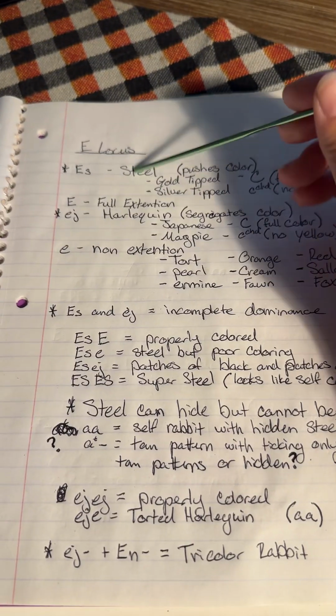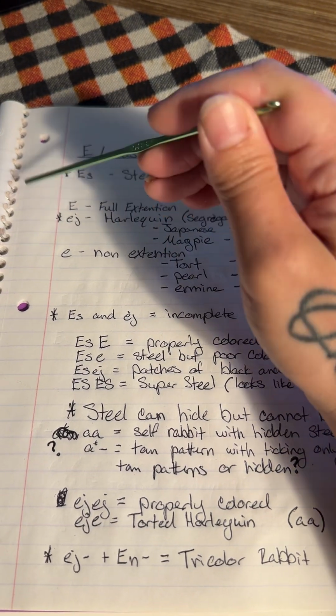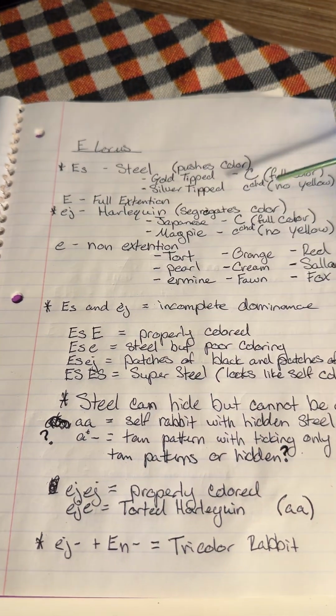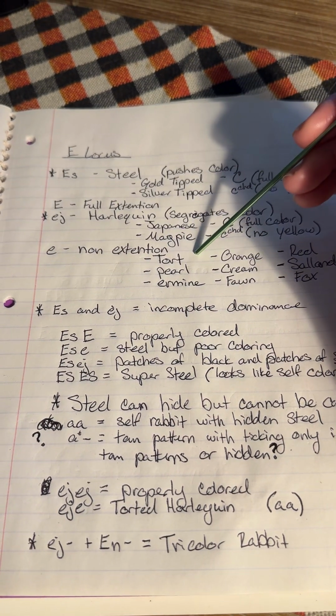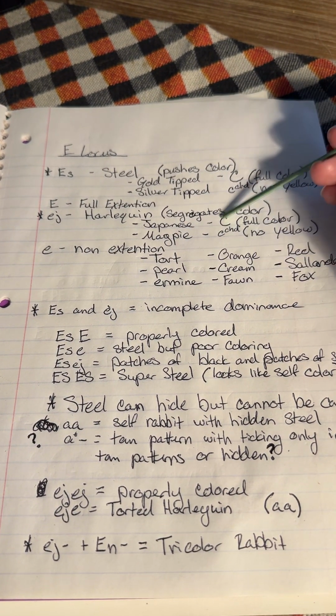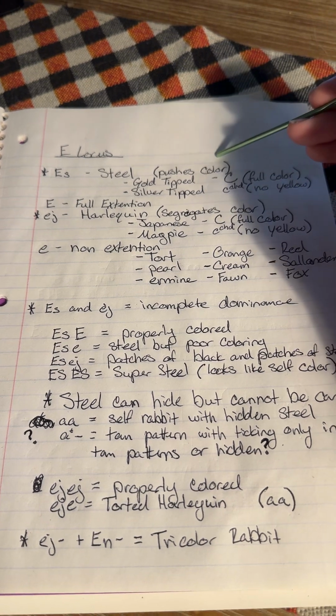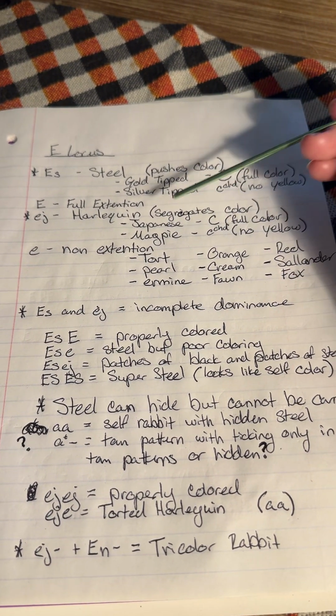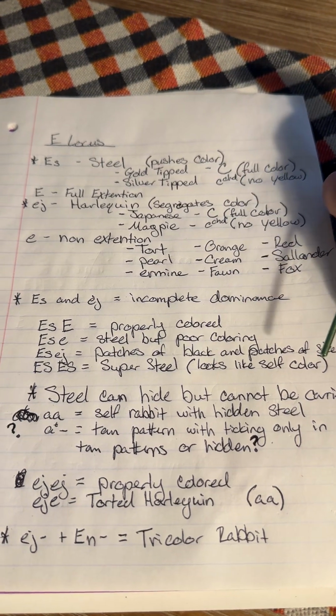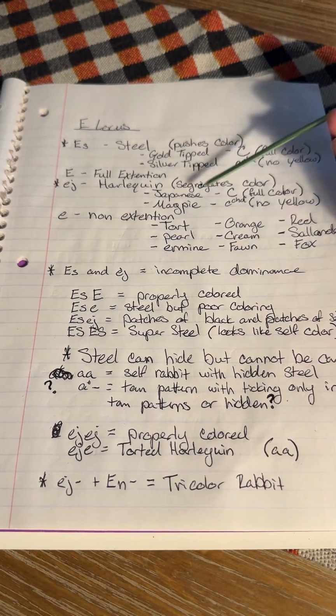The E locus is very heavily dependent on the A locus as well. So depending on what's on your A locus is going to kind of dictate what you're going to get on your E locus. And then the C locus will greatly impact your E locus as well. So I hope this makes sense.